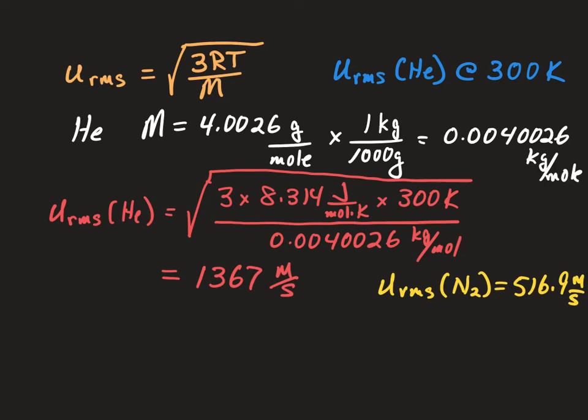So at the same temperature, both determined at 300 Kelvin, helium is moving substantially faster than nitrogen, even though, remember, at 300 Kelvin they have the same kinetic energy. But since helium's smaller, it must move faster to reach that same kinetic energy.